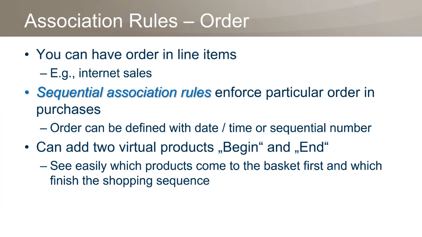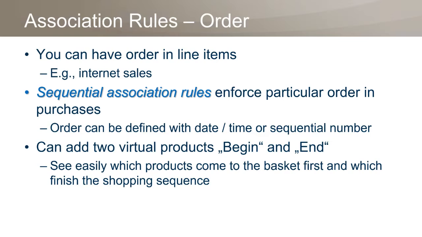So I will just add a product, which I will call begin as the name of the product, and end. And begin will have a line item lower than all line items. So the lowest is 1, so I will start with 0. And end will simply have a line item number greater than all existing line items. So I must find the biggest existing line item and add a line item with a bigger number.